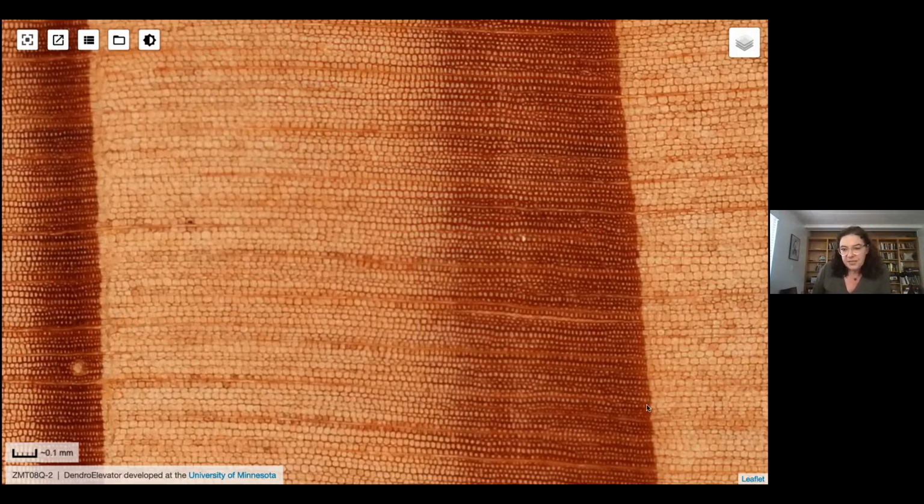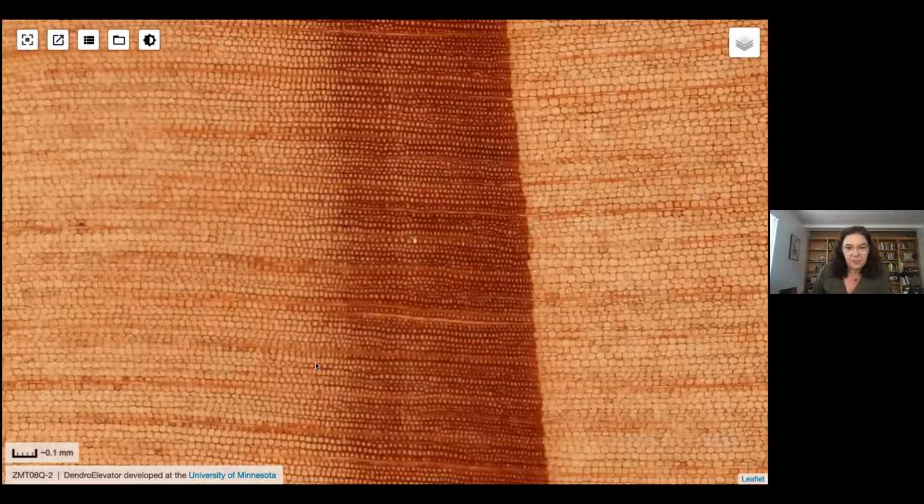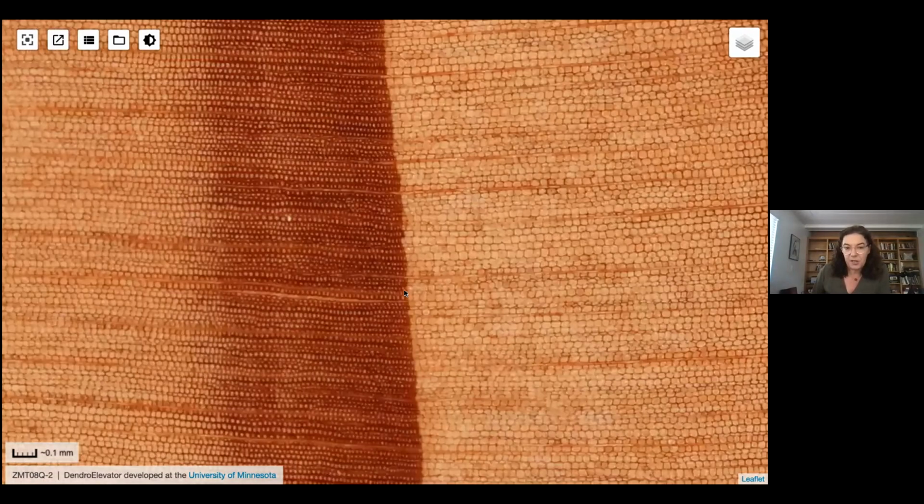Then the tree stops growing at the end, in the fall, sometimes September, October. It doesn't grow at all in winter when the days are too short and too cold. And then it starts growing again the next spring.